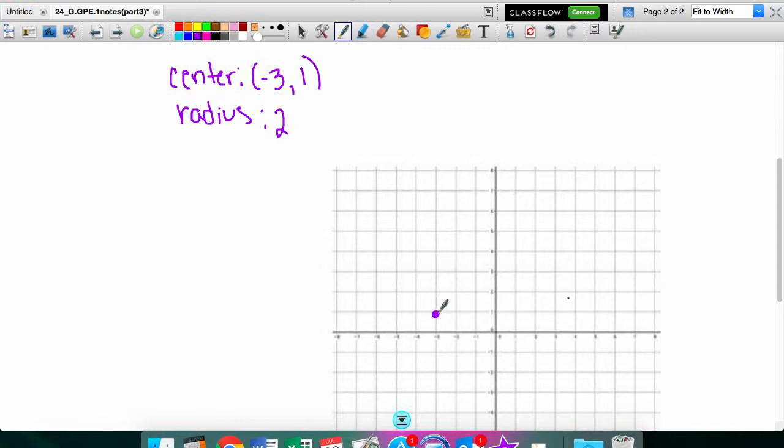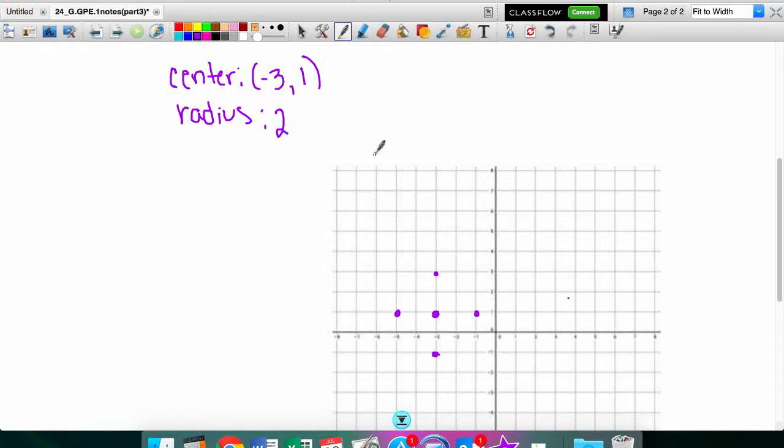So if this is our center and we have a radius of 2, I will have a point 2 up, 2 down from that center, 2 to the right of that center, and 2 to the left of that center. So here's our center point, and we should expect all 4 points to be connected.